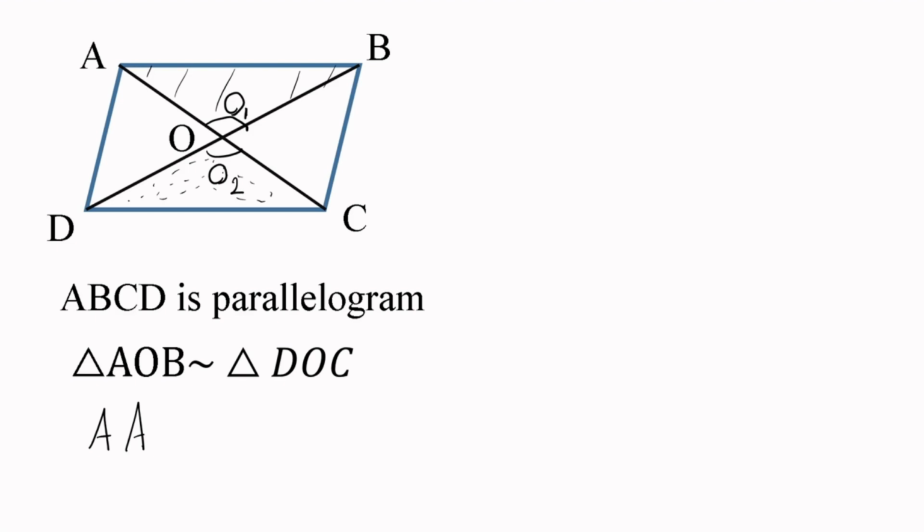Do you agree that O1 and O2 are vertical angles? Yes, of course, they are in front of each other when two lines are intersecting each other. So vertical angles, so angle O1 is congruent to angle O2. Really easy.